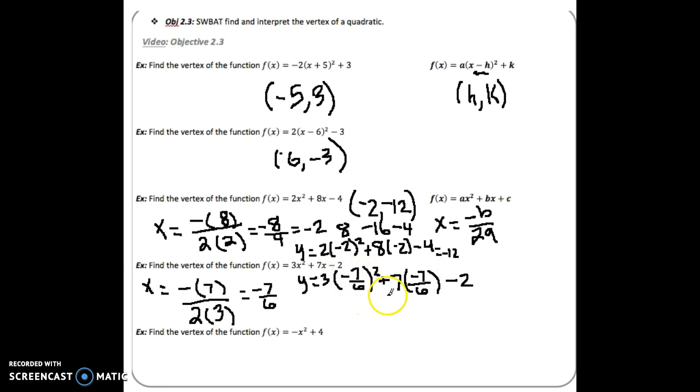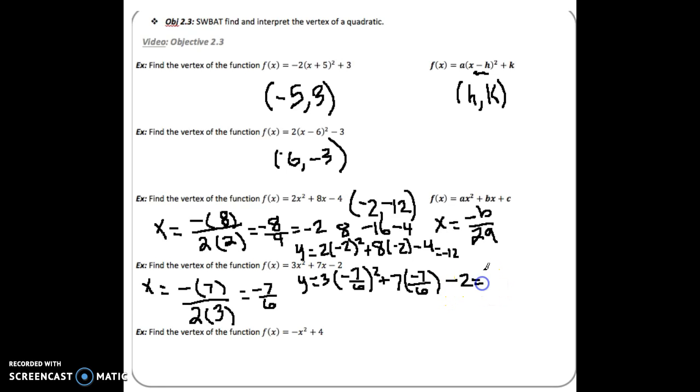So we could obviously simplify this out, find common denominators, but with fractions it does get a little bit messier, so I'm going to recommend that we just plug this directly into the calculator. It is important that when we plug it into the calculator, we include these parentheses and you enter it in just like this. So 3 parentheses negative 7 over 6 parentheses squared plus 7 parentheses negative 7 over 6 close parentheses minus 2.